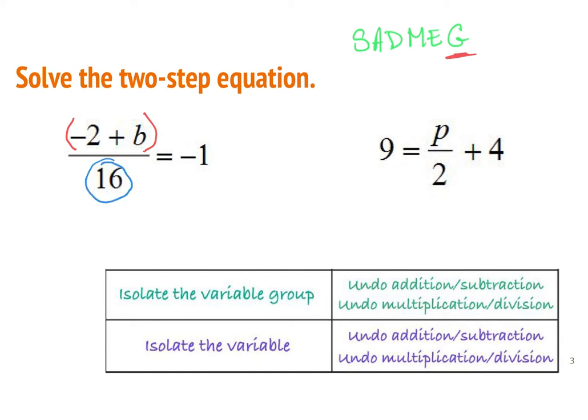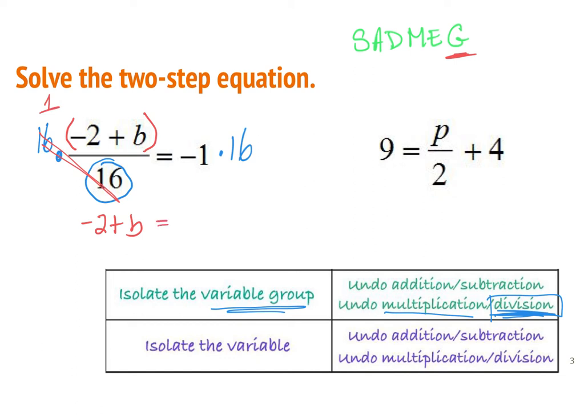Because it is being divided, because it's on the bottom of a fraction, the opposite would be to multiply. So I am going to isolate the variable group in this case by undoing division, so using multiplication. So now this leaves me with negative 2 plus b, because this cancels into just being the number 1.